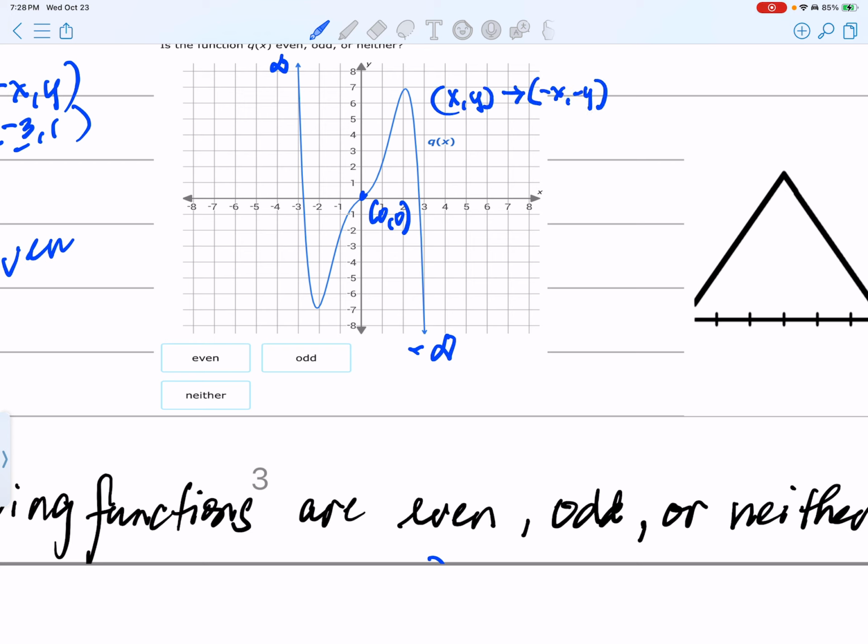Let's choose some points right here where it exactly hits. This point is (1, 2), and this point is (-1, -2), right?